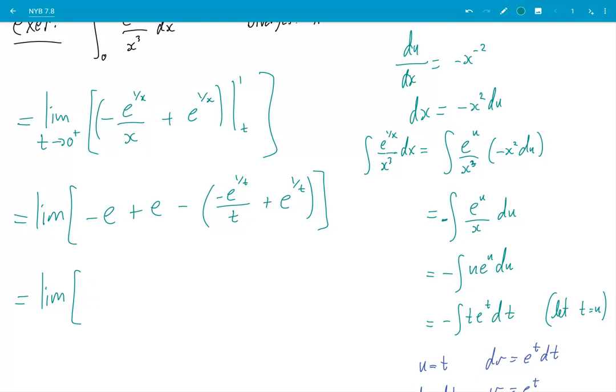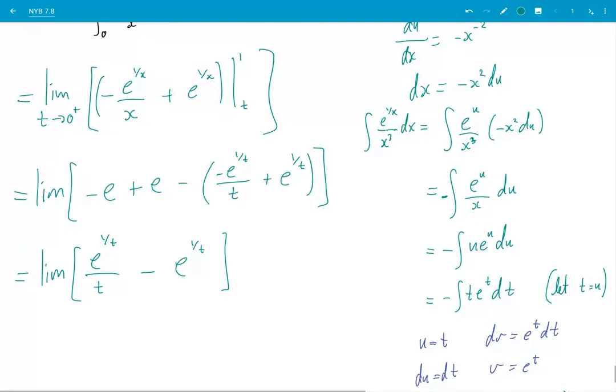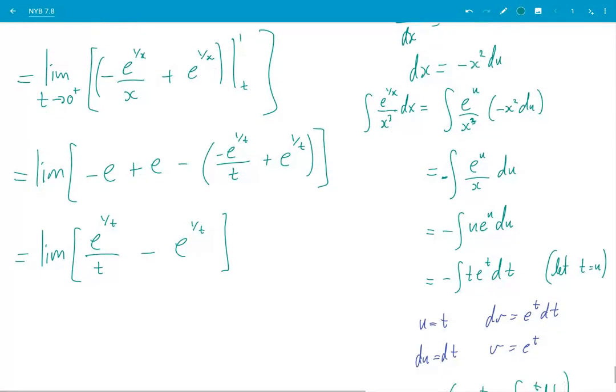Okay, clean this up. The e's cancel. And then we get that. Now, let us consider the two limits separately. t is going to 0 plus.